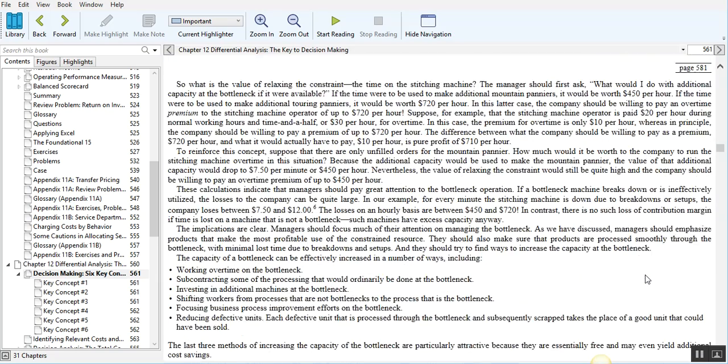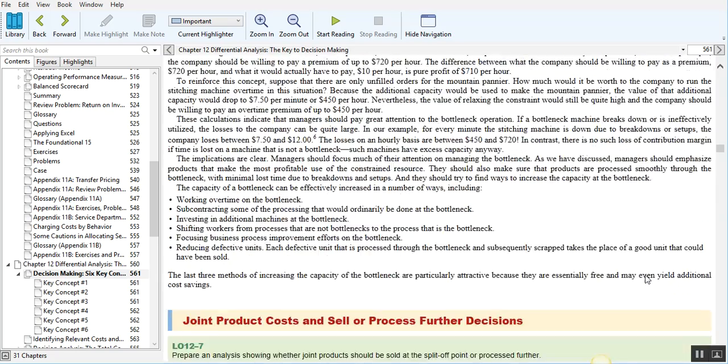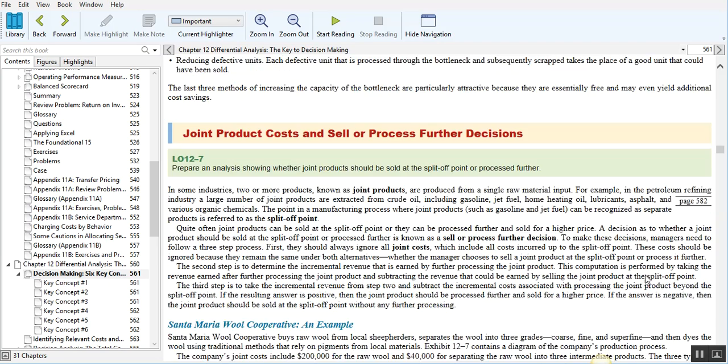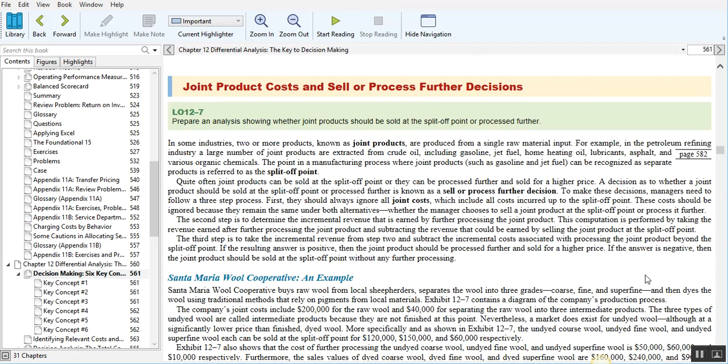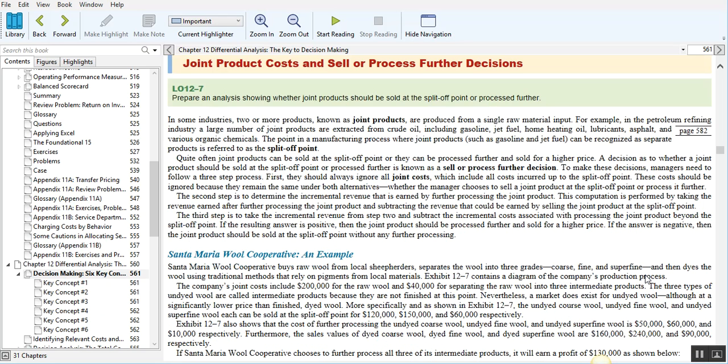Anyway, in chapter 12, I think that really, oh, one more thing, joint products. I almost didn't talk about this. When we talk about joint products, we're talking about products that we make together, and there's a split off point. We have these different products that are identifiable at a certain point in the process.